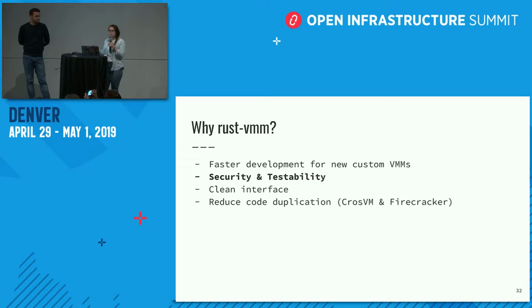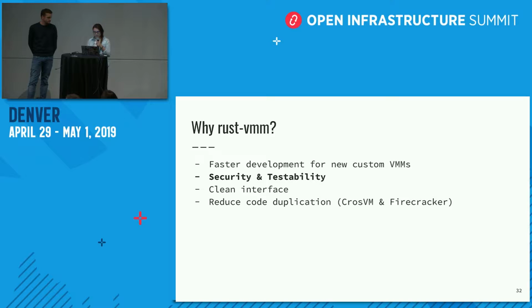One interesting thing about having separate crates, packages, or repositories is that you can do security testing much more easily, for example fuzzing, because in a project like Firecracker, the only entry point is the RESTful API. But having components with clear interfaces allows you to do much more testing and get into a wider space of use cases.